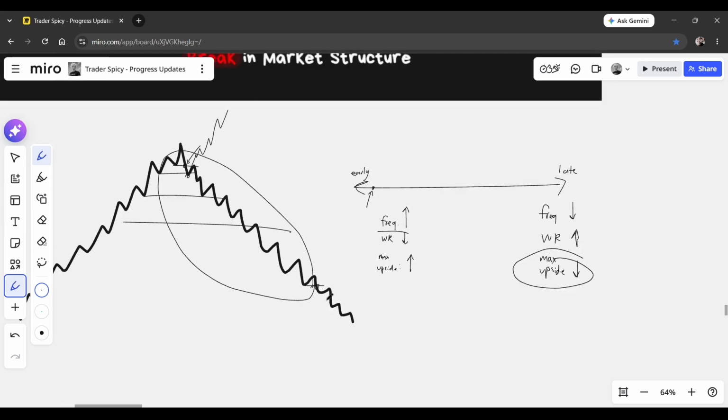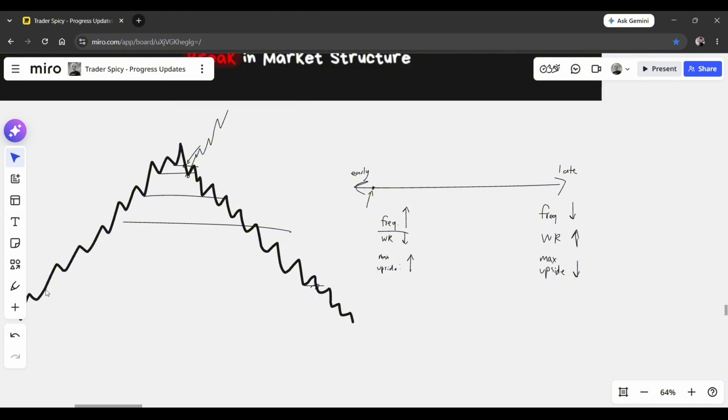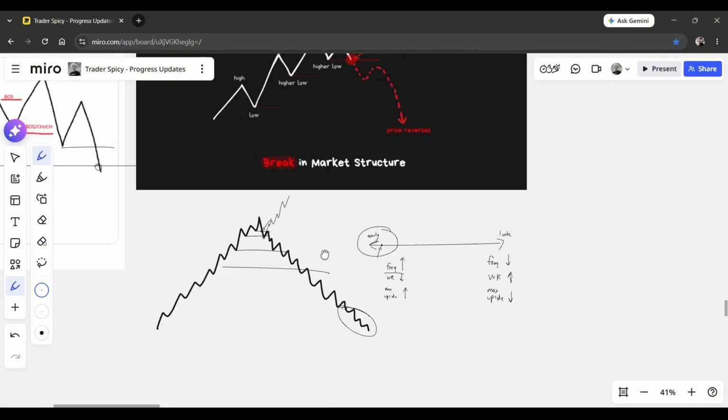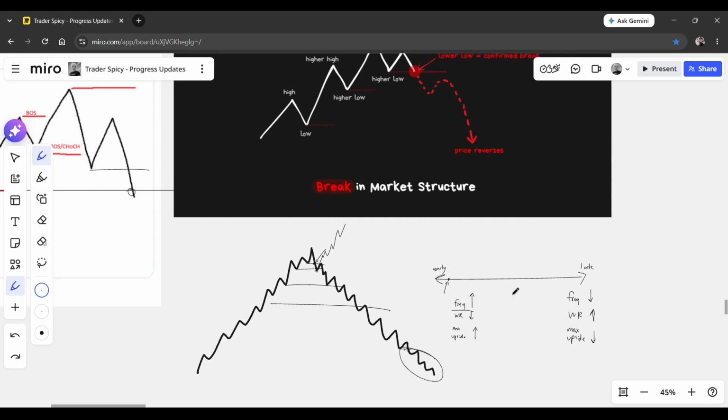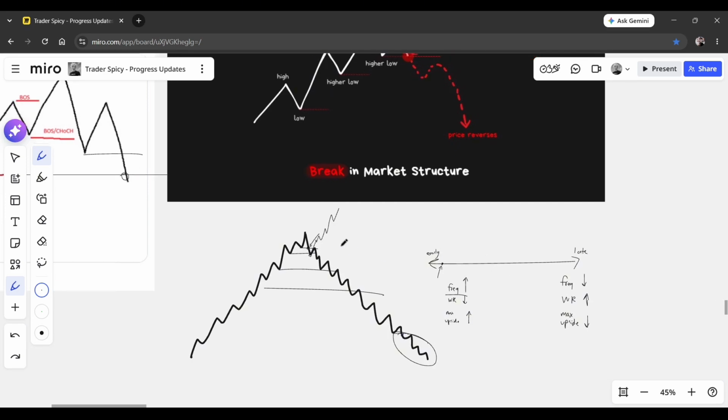But your maximum upside in the trade, so how much room is there left to catch, is going to be lower, right? Because you're entering later, so you've already missed out on a bigger section of the move. So whether you're taking these breaks of structure earlier or later, one isn't objectively better than the other. There are pros and cons. So here's how I think about it.